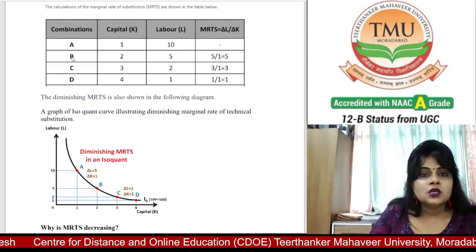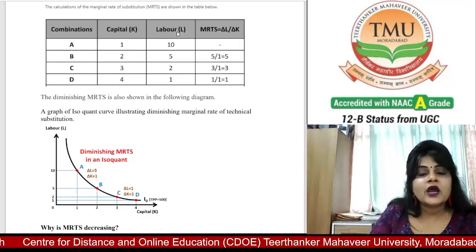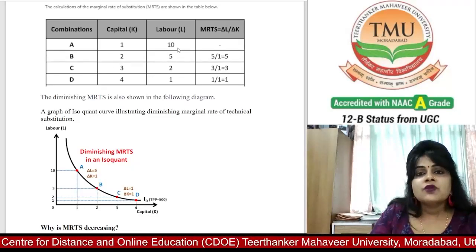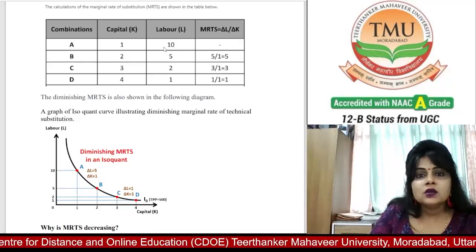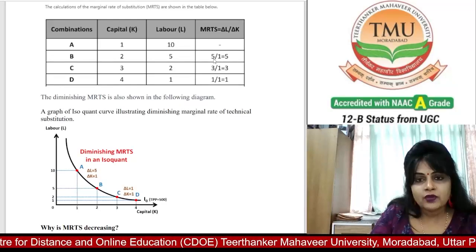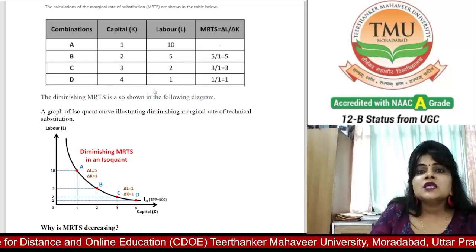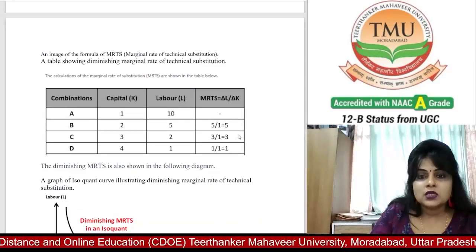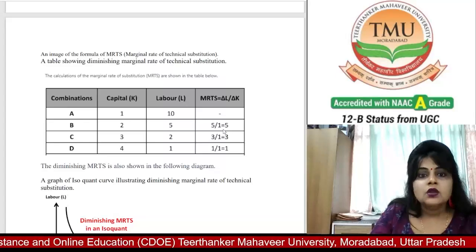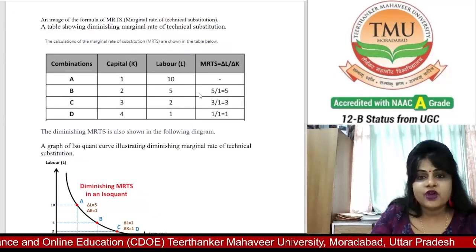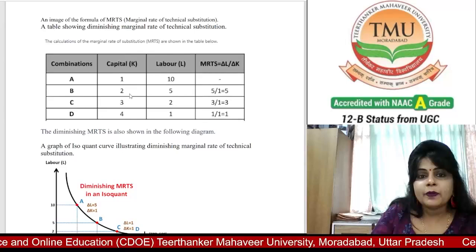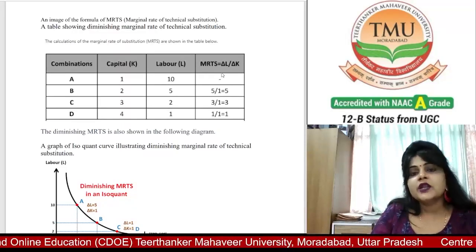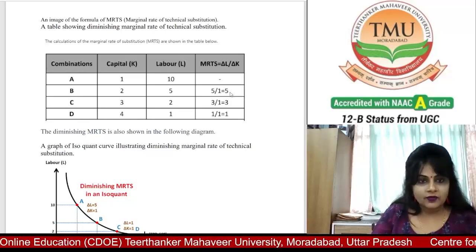In combination B, the producer sacrifices labor and increases capital. He sacrifices labor 5 and he increases the capital only 1. So 5 upon 1, the marginal rate of substitution here is 5.